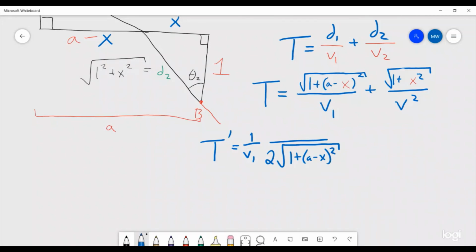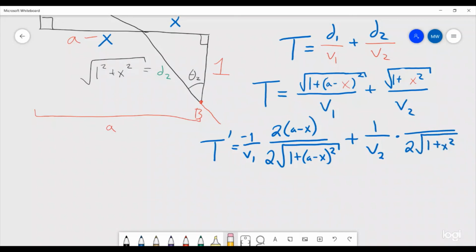The derivative of the inside is 2 times (a minus x) to the 1 times a negative 1, plus the derivative of the second one. That's a 1 over v2 that'll stick around, times the derivative of the square root piece. So that's 1 over 2 times the square root of 1 plus x squared, times the derivative of the inside, which gives us a 2x.